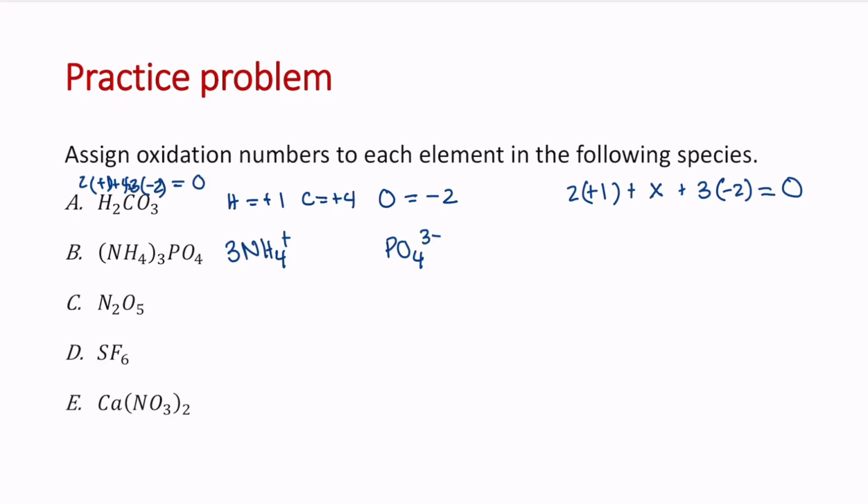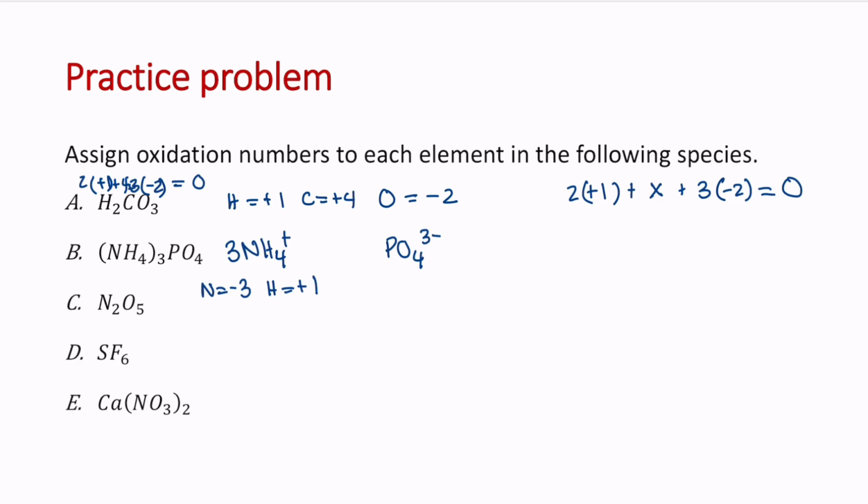Hydrogen has to be +1, and for my nitrogen, I need to identify what it can be. If I have 4 hydrogens, that's going to give me a total of +4. So my nitrogen has to be -3 in order for the ion to equal +1.